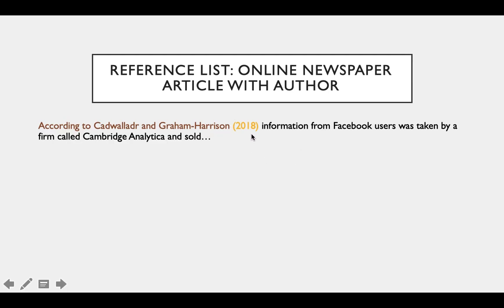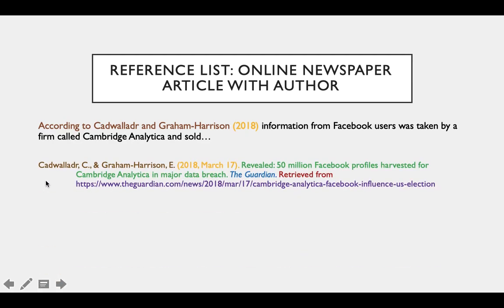So our citation here corresponds to the reference list entry here. And so we've got the family name of the first writer, comma, their initial, full stop, comma, the symbol and, family name of the second writer, comma, their initial, and full stop.